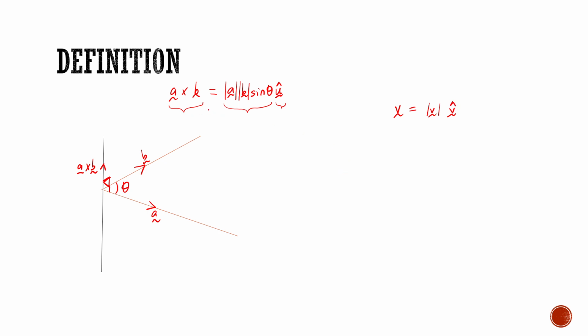And so that should tell us that the magnitude of the cross product is in fact the magnitudes of the individual vectors multiplied together with the sine of the angle between them. And that's an equation that we'll be using a lot as well.